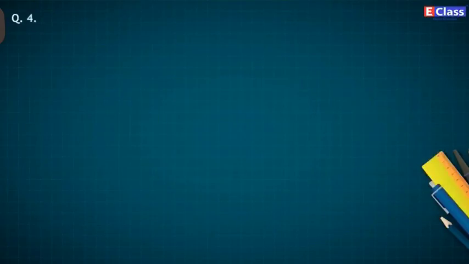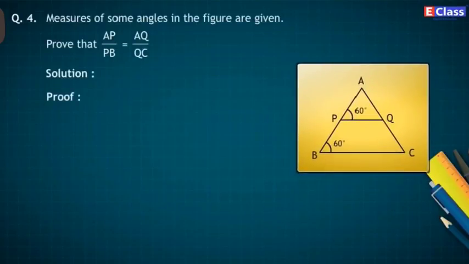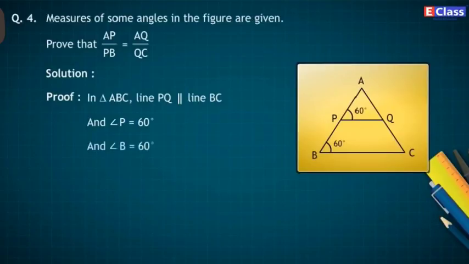Question number 4. Measures of some angles in the figure are given. Prove that AP upon PB is equal to AQ upon QC. Solution. Proof. In triangle ABC, line PQ is parallel to line BC, and angle P is equal to 60 degrees and angle B is equal to 60 degrees.